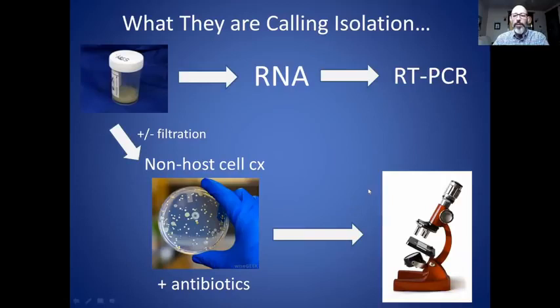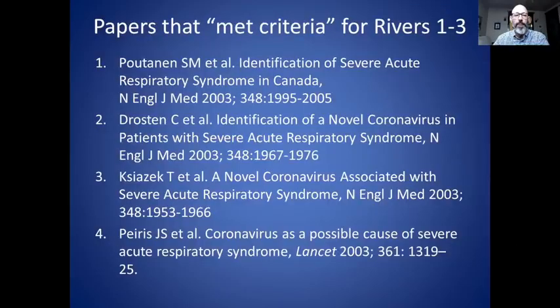But there is no way to tell if the particles that they have identified after this procedure are from this tissue culture with antibiotics or if they're from this lung fluid. And since they set up a procedure that always results in exosome induction, there are going to be particles that are exosomes in there for sure that look just like viral particles. So I think this is where the major confusion comes to play.